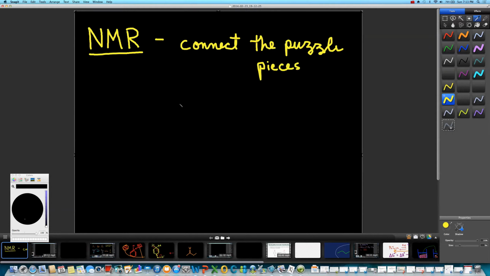So remember that we identify the puzzle pieces with IR, because IR will tell us what functional groups we have.